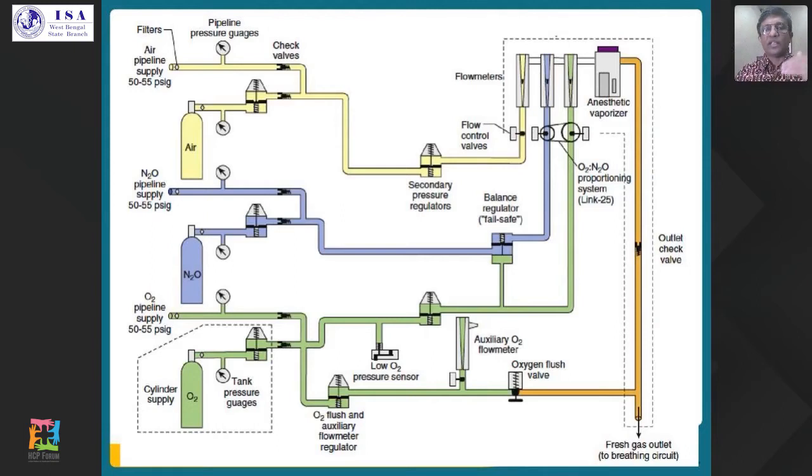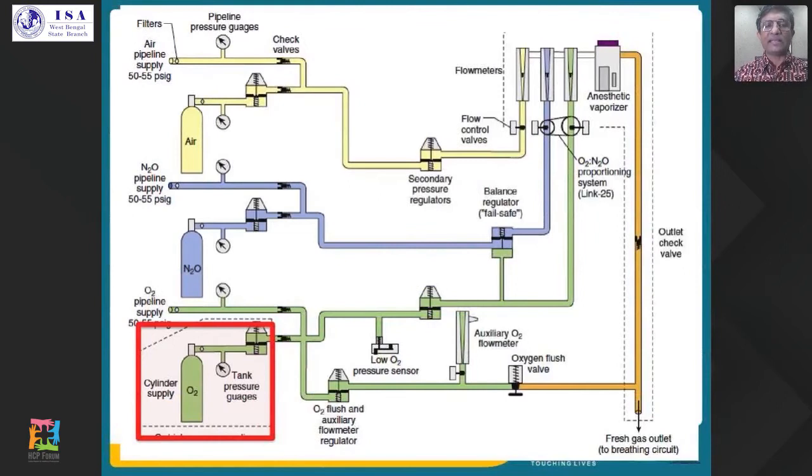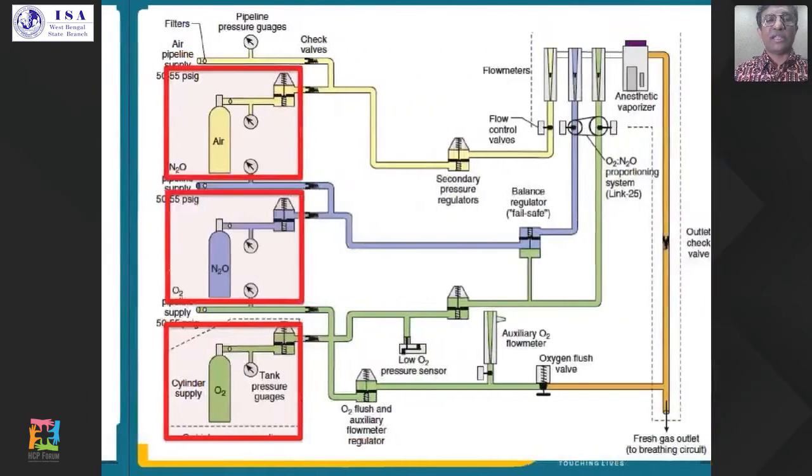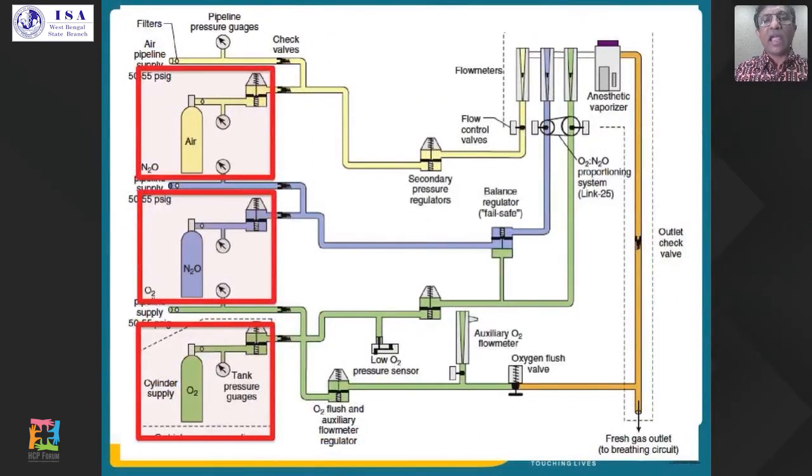The same is true of the oxygen flush valve. This can be done without switching on the anesthesia machine. And if you look at this schematic, you'll find which are the areas of the high pressure system: the oxygen cylinders and the high pressure regulators, whether it is oxygen, nitrous, or air.